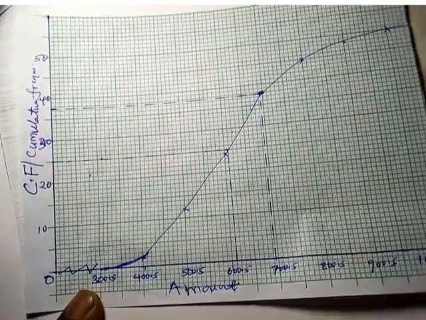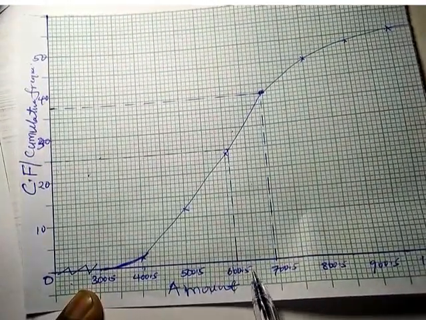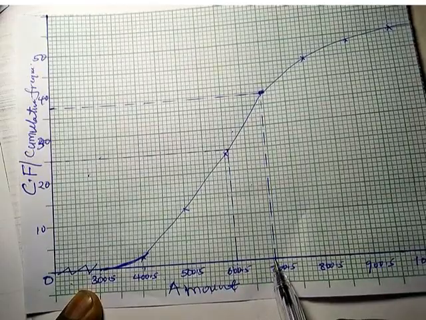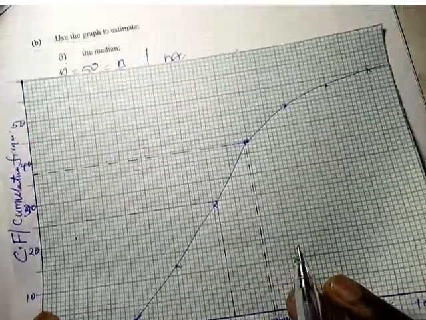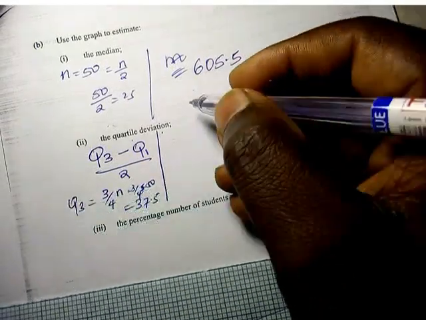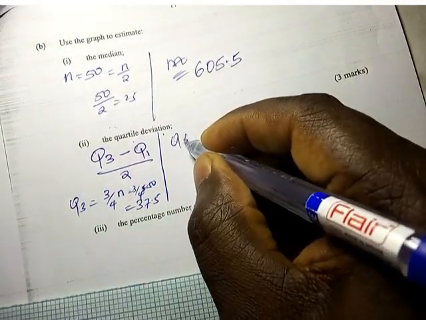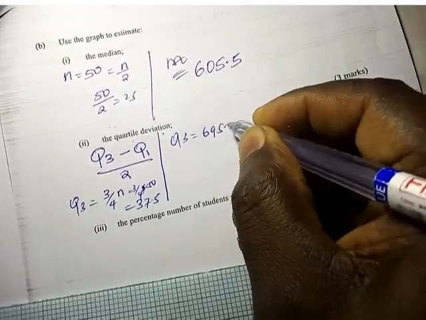Now, according to my graph, it is 695.5. So Q3 is equal to 695.5.